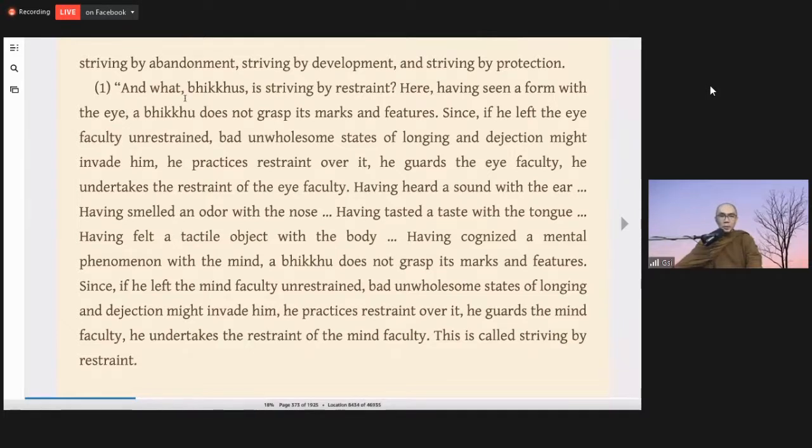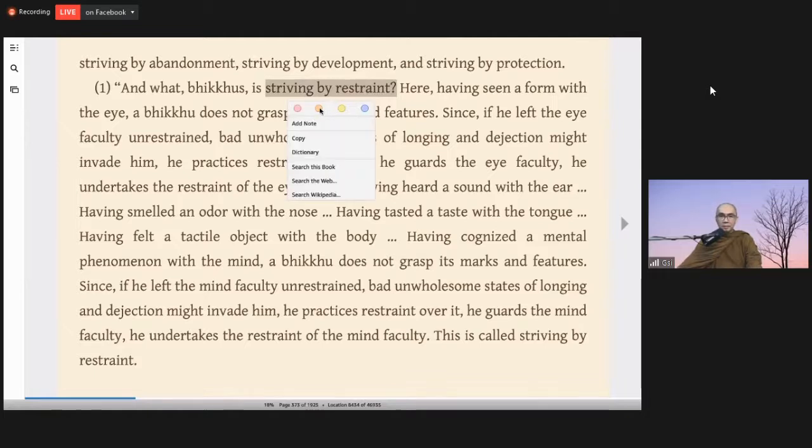And what, bhikkhus, is striving by restraint? Here, having seen a form with the eye, a bhikkhu does not grasp its mark and features. Since if he left the eye faculty unrestrained, bad unwholesome states of longing and dejection might invade him, he practices restraint over it.